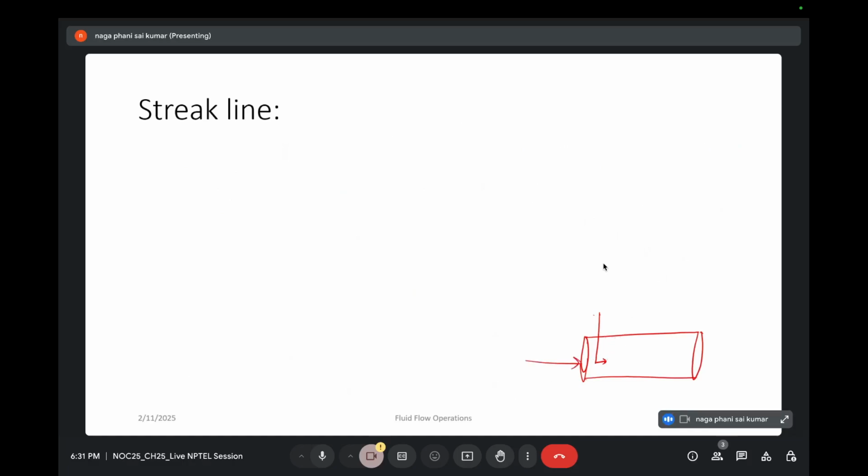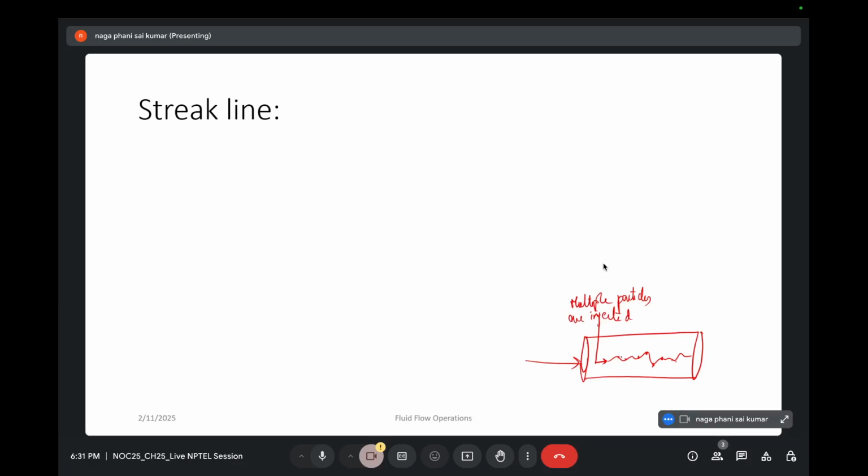When you introduce them in a flow stream, they will be following a certain path, right? Let's mark them. We are introducing multiple particles, which are injected into the system.